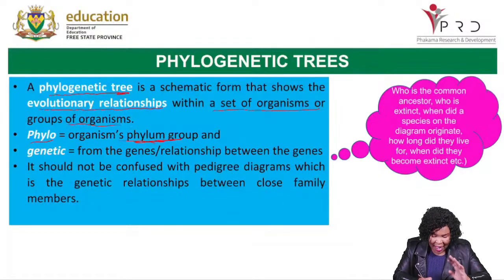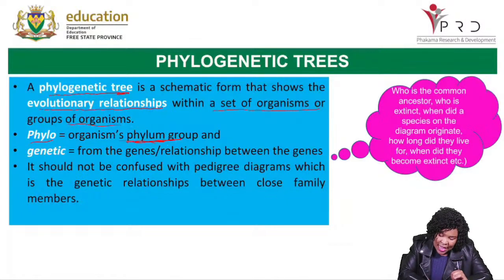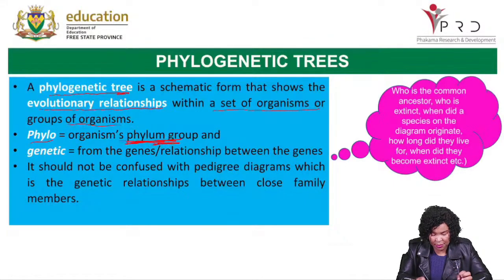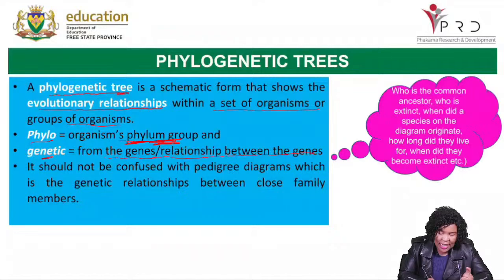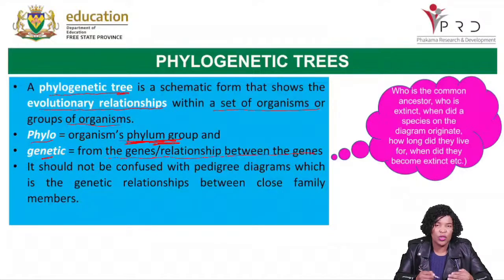So the phylo in phylogenetic tree stands for that phylum. It tells you the phylum group of a particular organism. Then genetic is from the genes, or the relationships between the genes. So the phylogenetic tree will tell you the evolutionary relationship between the phyla of different organisms.